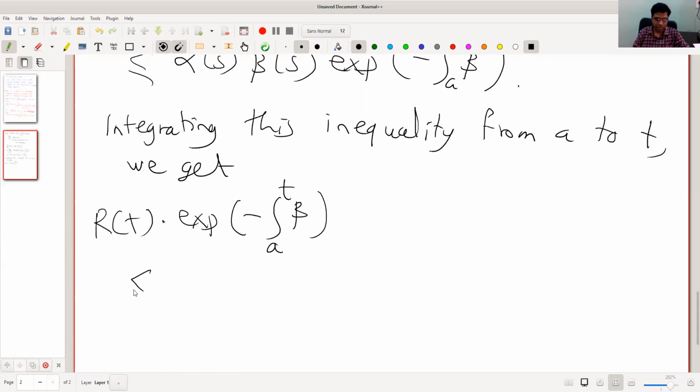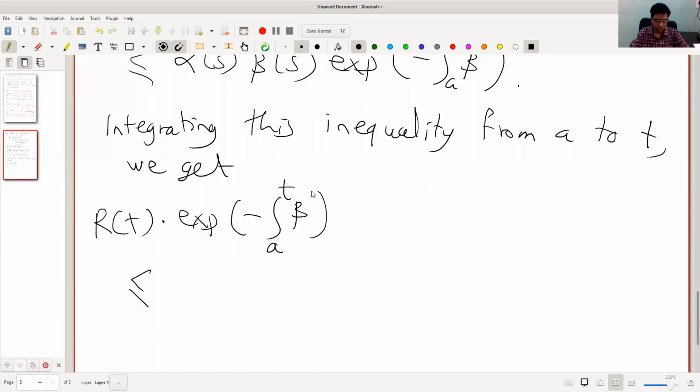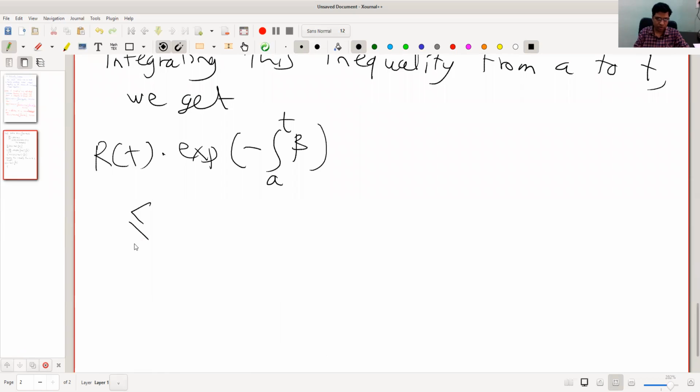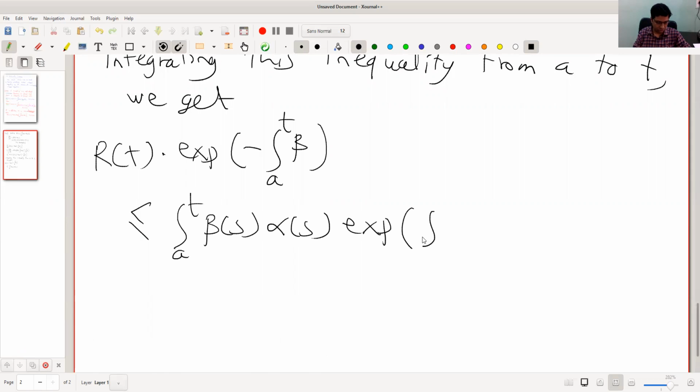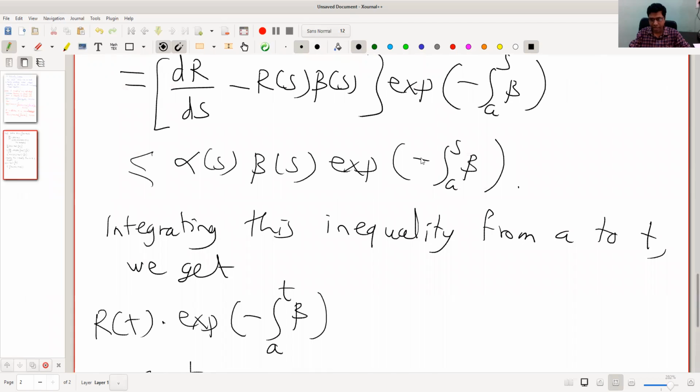Less equal. What about the right hand side? We are integrating from a to t. So simply we write integral from a to t beta of s alpha of s e raised to, sorry, there is minus and minus integral a to s beta.